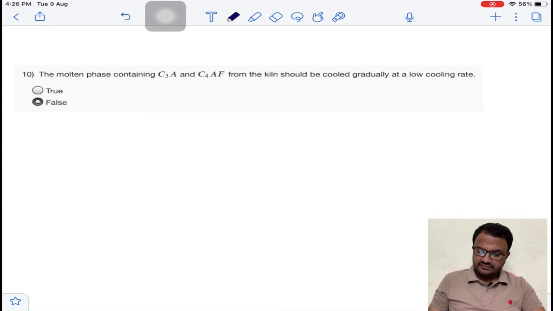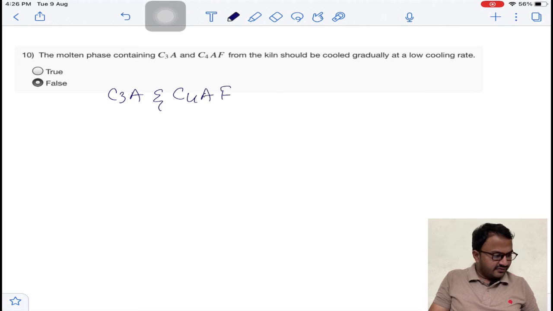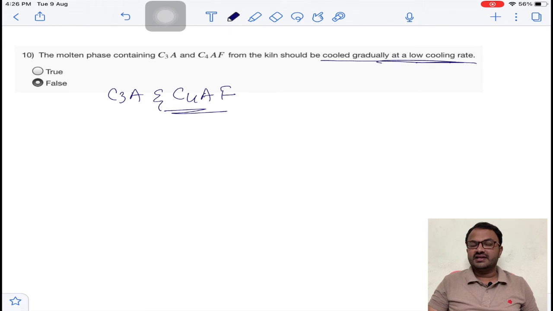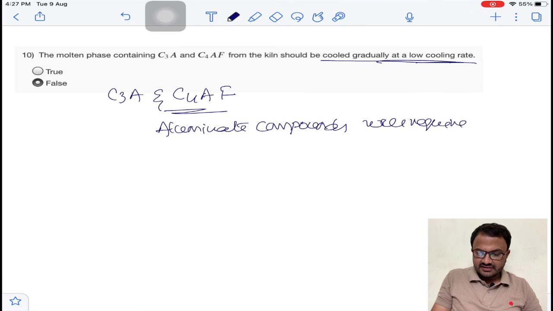And question number 10. The molten phase containing C3A and C4AF from the kiln should be cooled gradually at a low temperature. Generally these aluminate compounds will require rapid cooling.